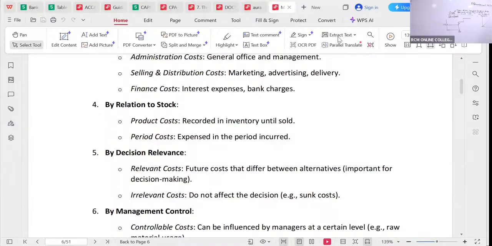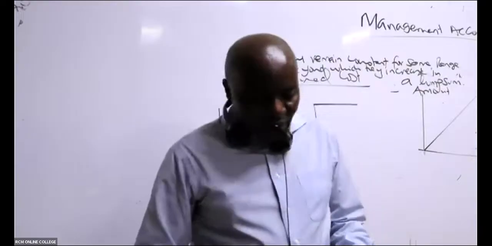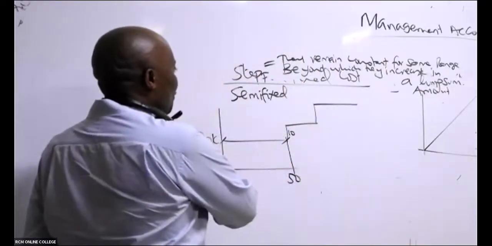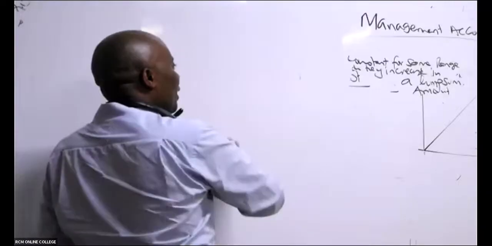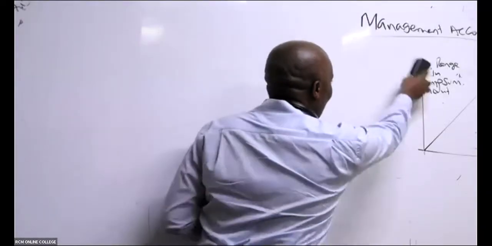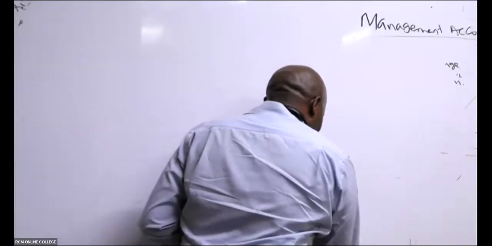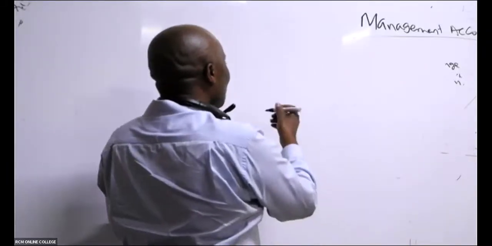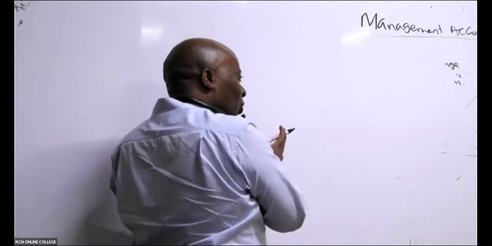Decisions. A very good example, ladies and gentlemen, and I've always met people who never understand this concept of sunk costs very well. By the way, I'm also a civil engineer. I did civil engineering and CPA, but now I'm eating majorly from CPA. So someone will come and ask for drawings. We have what we call structural drawings.